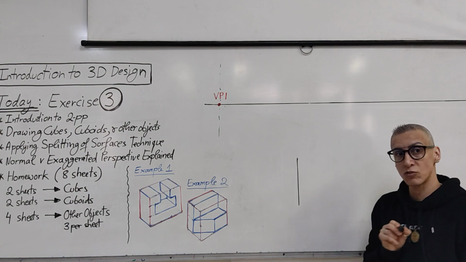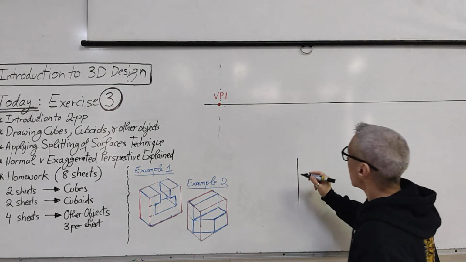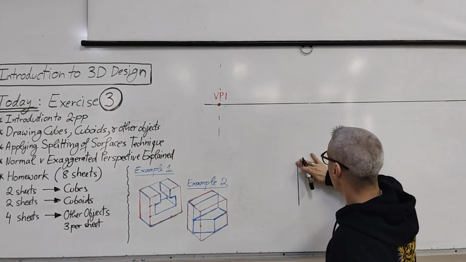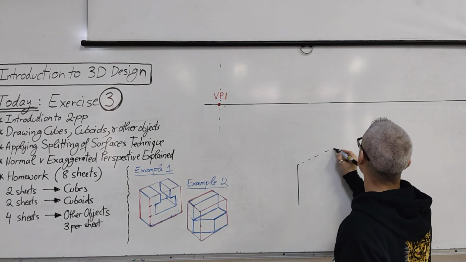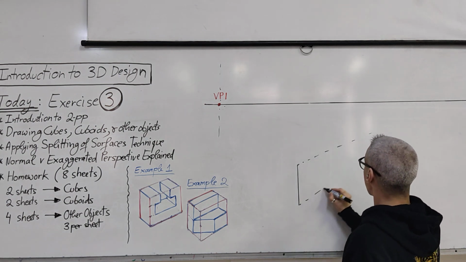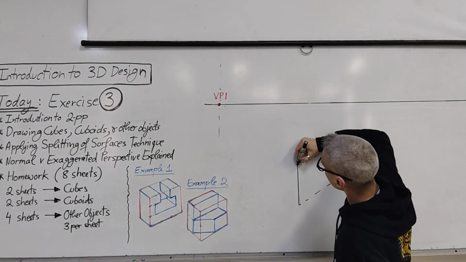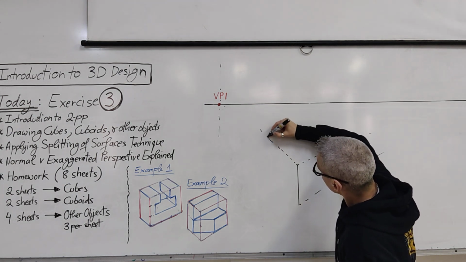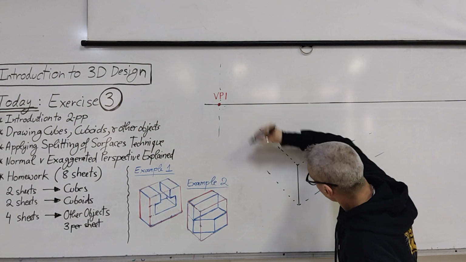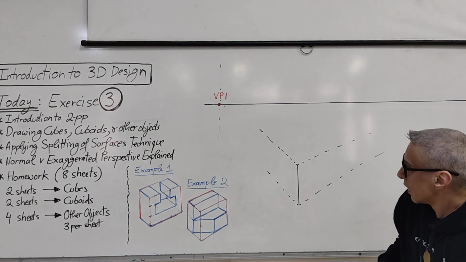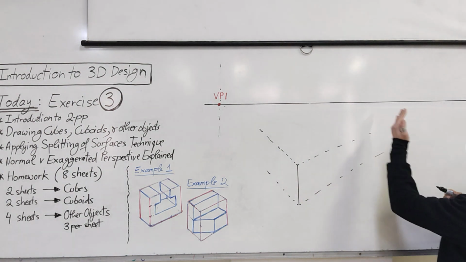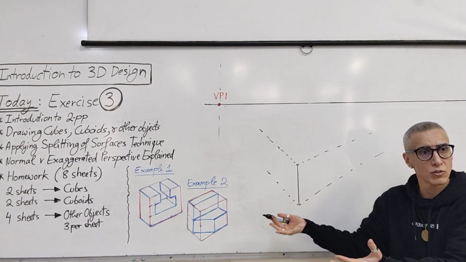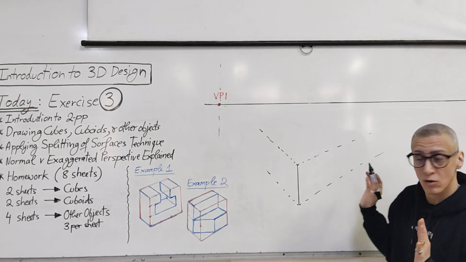So we start with the edge because it's 2-point perspective. And we will take this to the vanishing points. From each point, go to the vanishing point. Again, where did I place this line will make a difference in what I'm drawing, but it's the same object still, okay?